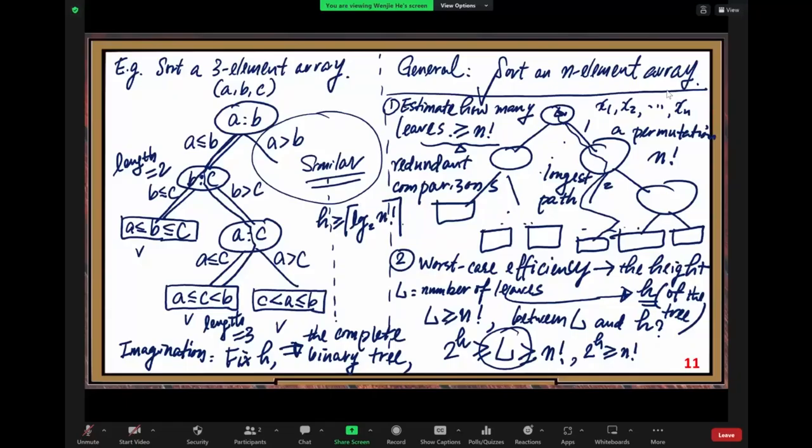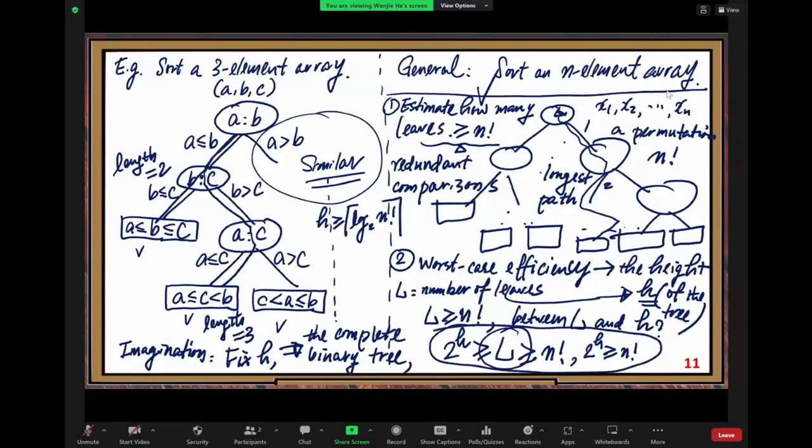With the floor function, sometimes you may not cover. When you use the ceiling function, then it's always true, right? If h is greater or equal to the ceiling of log base 2 of n factorial, you guarantee this inequality is always true.